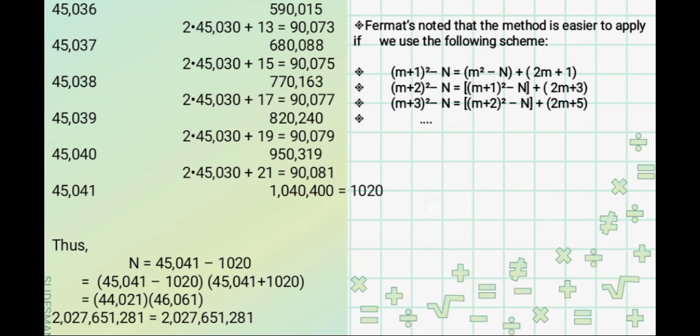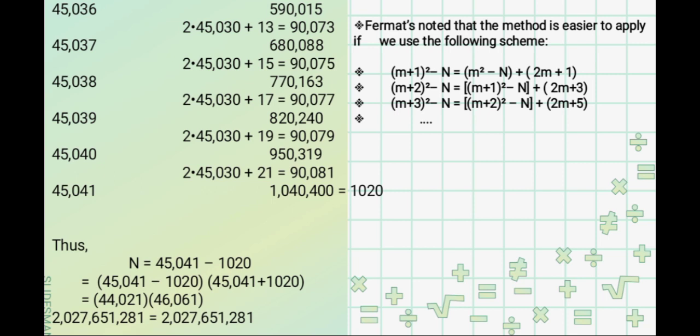So atong n is 2,027,651,281. So ni-stop na ta sa ato ang q or ato ang m nga 45,041, and then we come up nga ang ato ang p squared dinhi is 1,040,400 because we find out that 1,040,400 is a perfect square. Okay, so the square root of 1,040,400 is equal to 1,020.